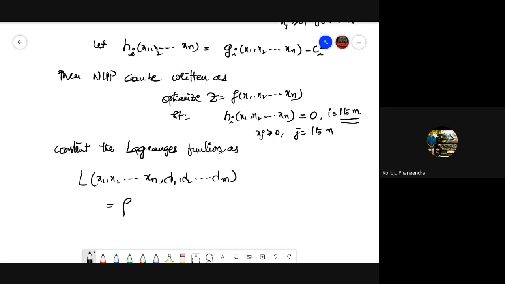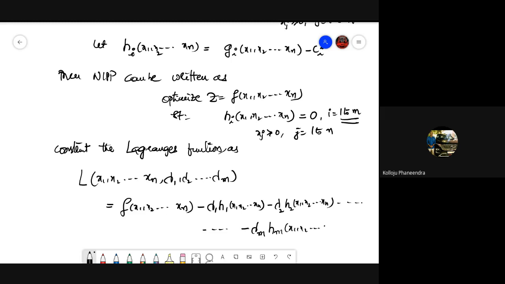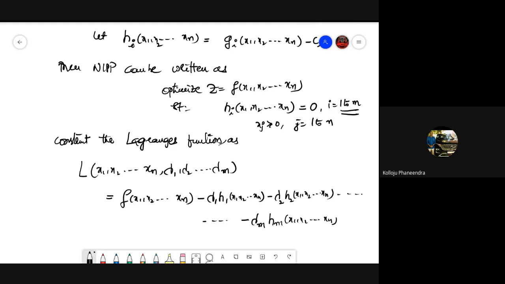First write the objective function, minus lambda 1 into the first constraint, minus lambda 2 into the second constraint, and so on, up to the last one, lambda m into the mth constraint. This is the Lagrange's function.